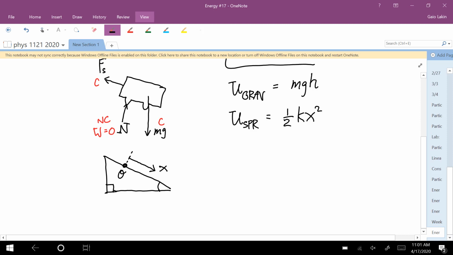Well, if this is 30 degrees, then how does the height relate to that x? If we call height equals 0 when x is equal to 0, we'll say that's also h equals 0.